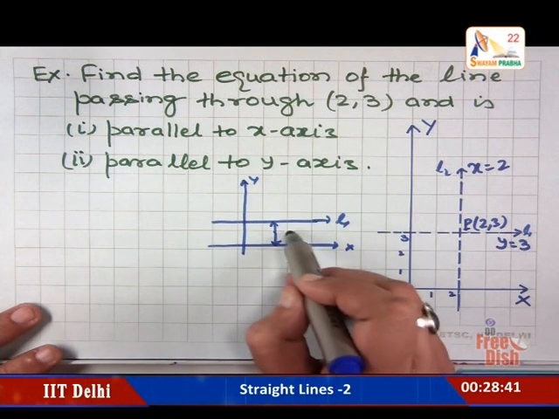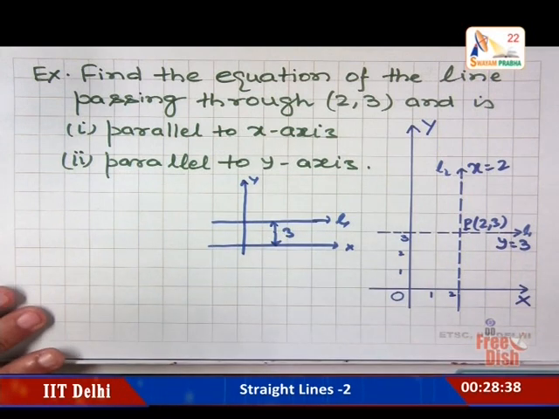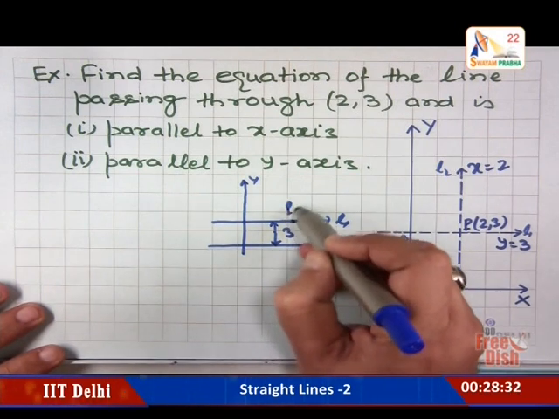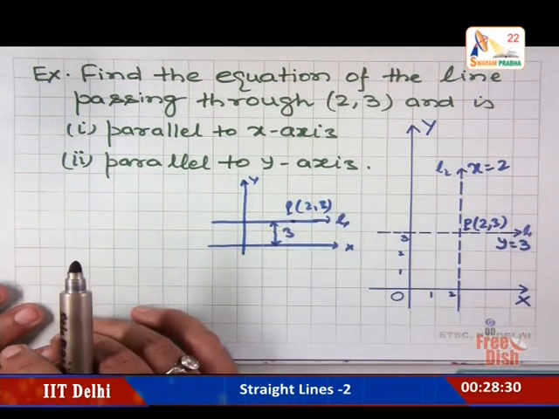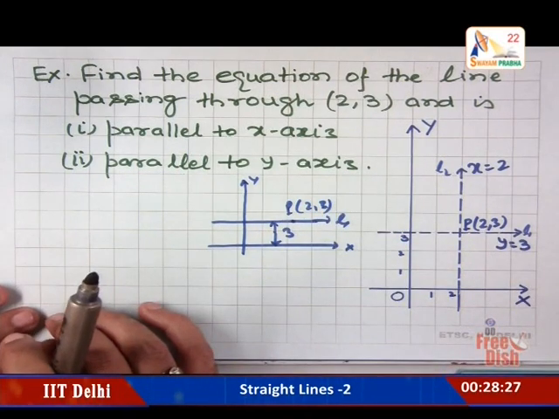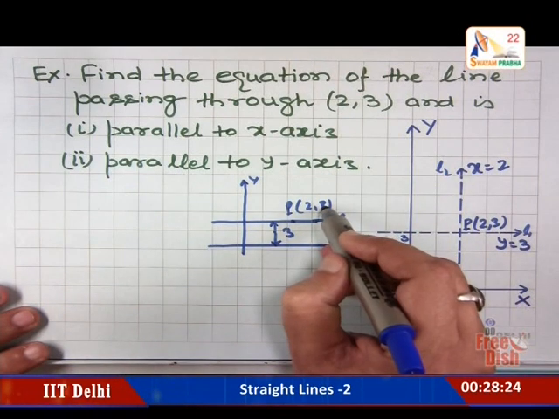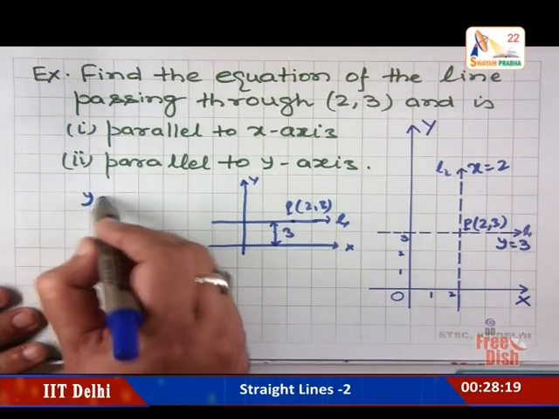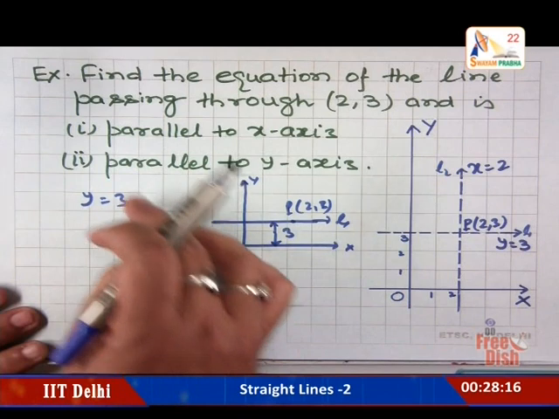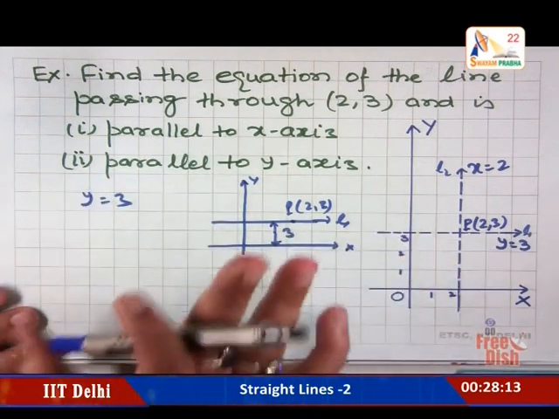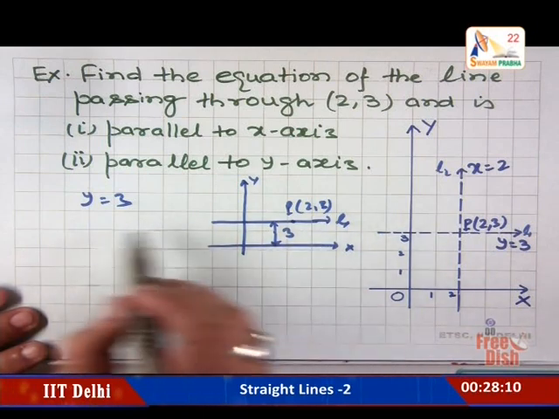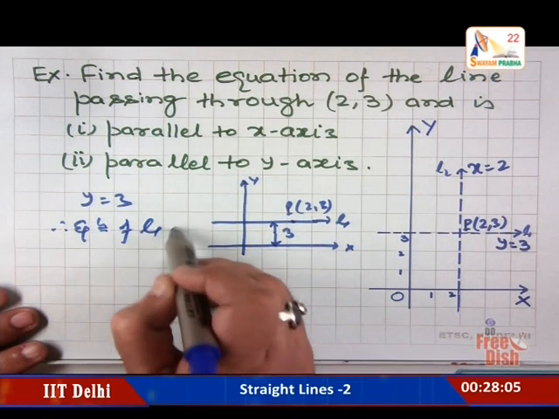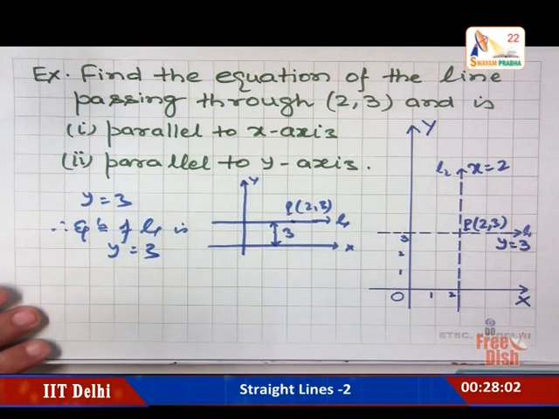It is 3. Since this line L1 is passing through the point (2, 3) and is parallel to the x-axis, the value of the y coordinate is always fixed, that is equal to 3. So here y equal to 3, this value never changes for this line L1. So the equation of L1 is y equal to 3.